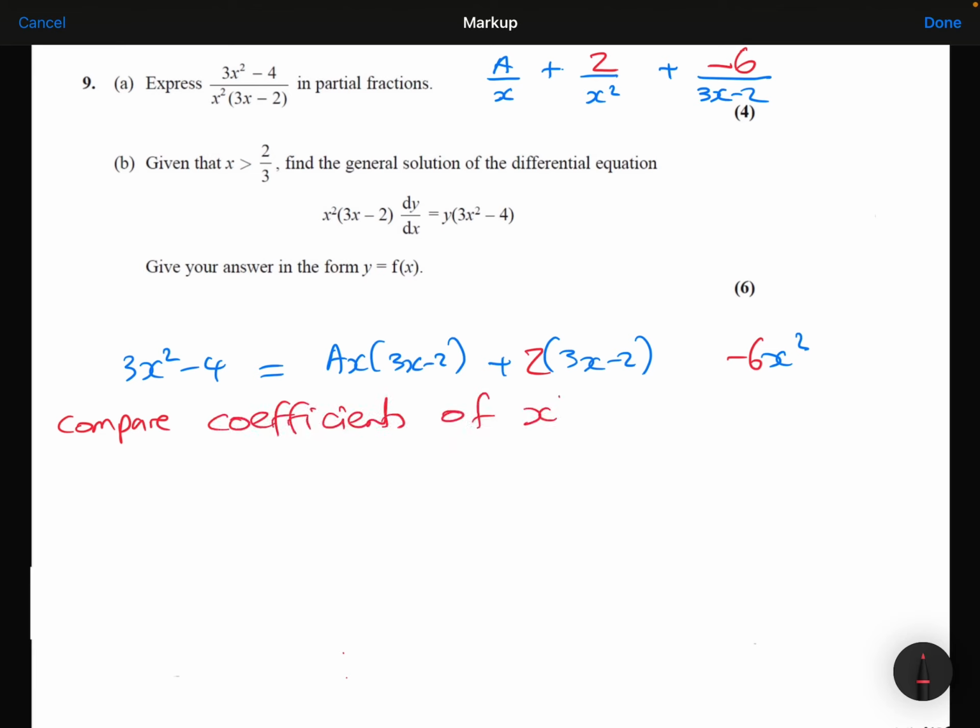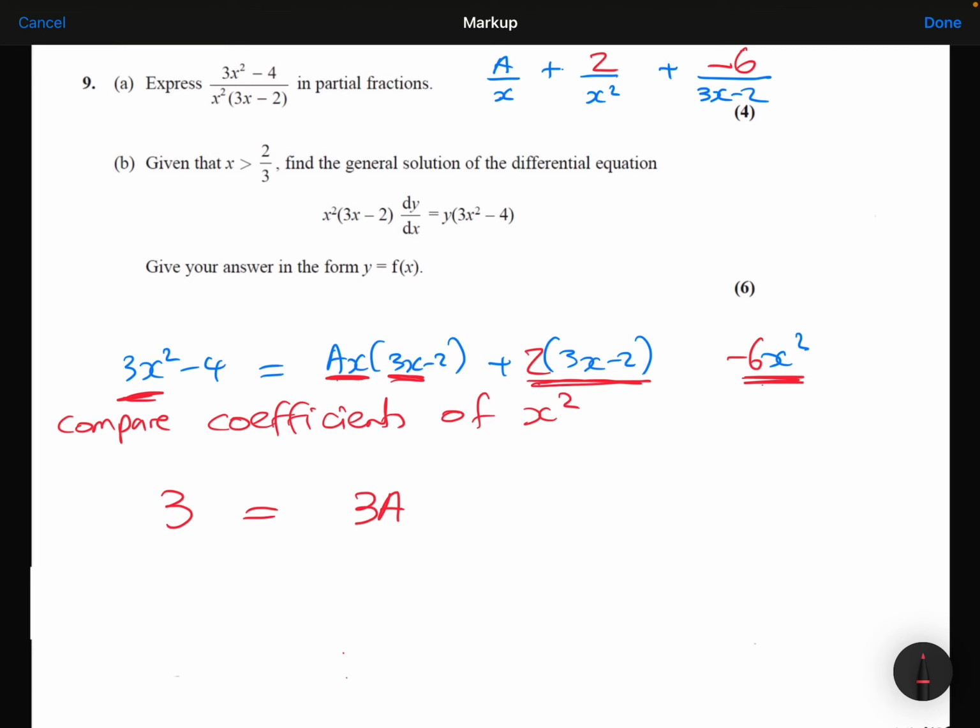of x squared. So on the left-hand side, I've got 3x squared. Now, on the right-hand side, if I expanded this out, I'd have Ax times 3x, which would give me 3Ax squared. The second term, there's no x squareds there, so I don't need to worry about that.